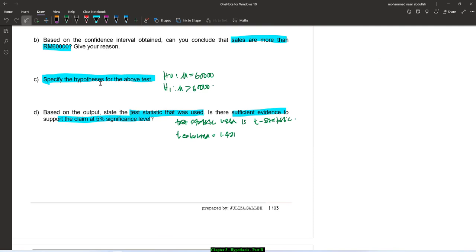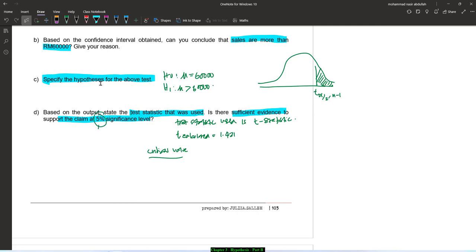So next, we need to calculate the critical value. Since this is a one tail test, we know that the rejection region is on the right tail. So t alpha divided by 2, n minus 1.